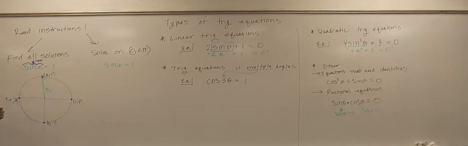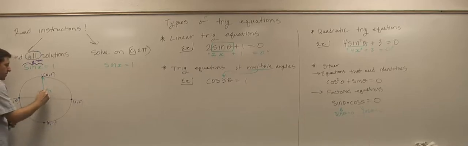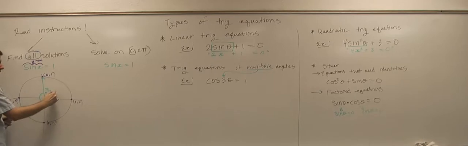Okay, that was a lie. This is not the only angle. Why not? Every time you revolve by a full revolution, you get the same place, so you have the same sine value. So if I say find all solutions, then not only do I want pi over 2, but I want to know also that if you rotate a full revolution, 2 pi, that's another solution.